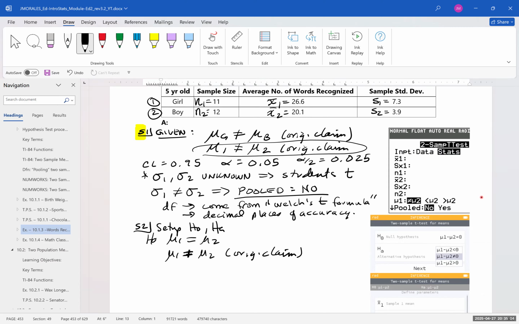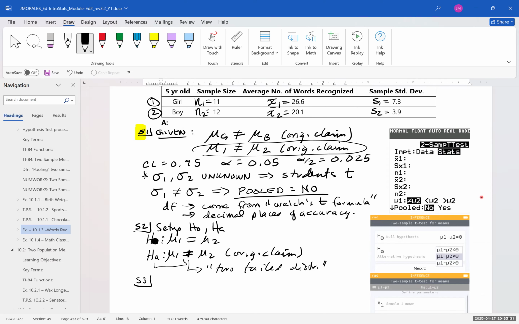Okay, just bear with me. And so the null hypothesis will be this first one. The alternate hypothesis is the second one. And the sign of the alternate hypothesis tells us the tailed version of the distribution we're working with. So this is going to be a two-tailed distribution.